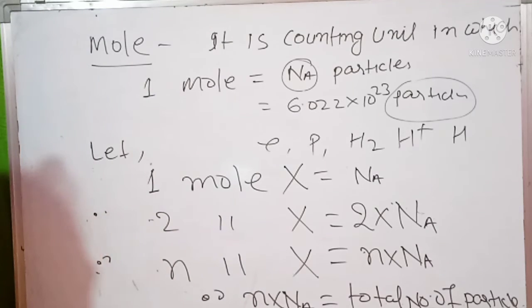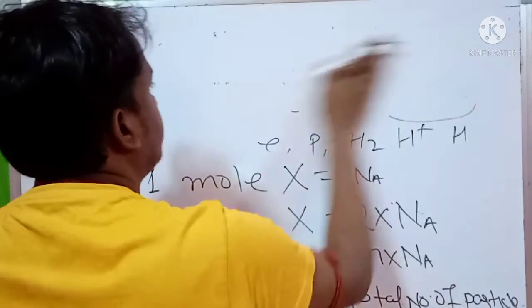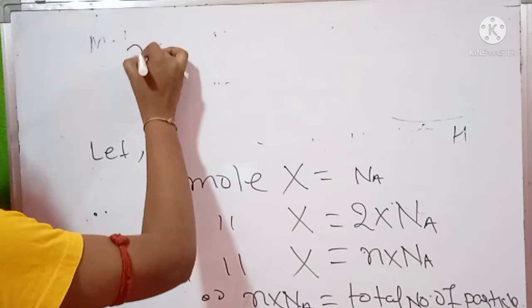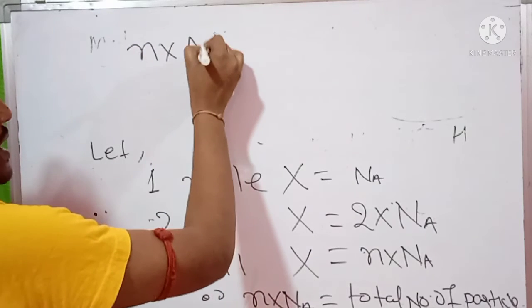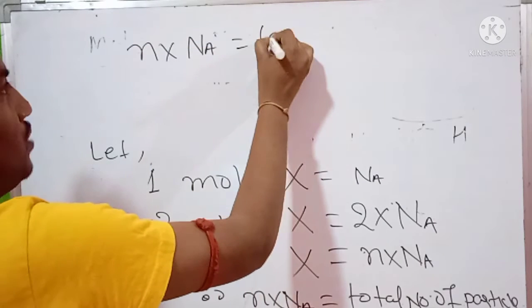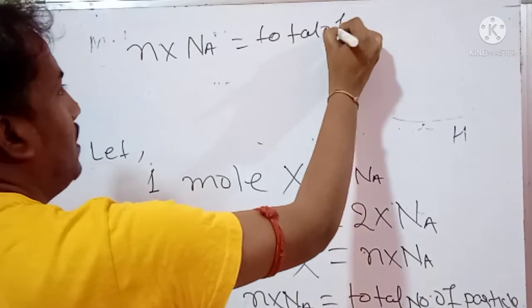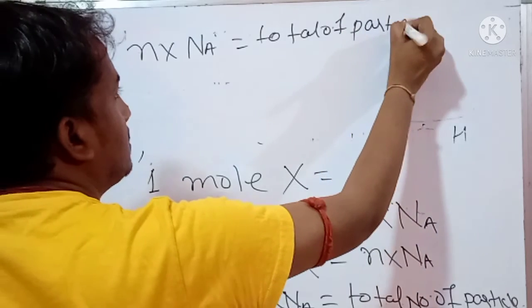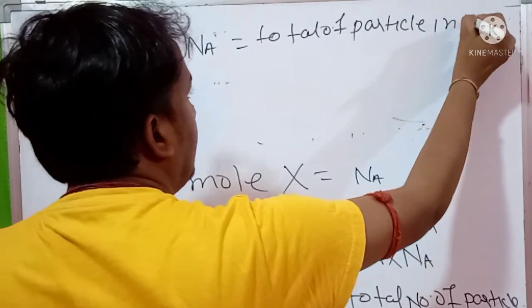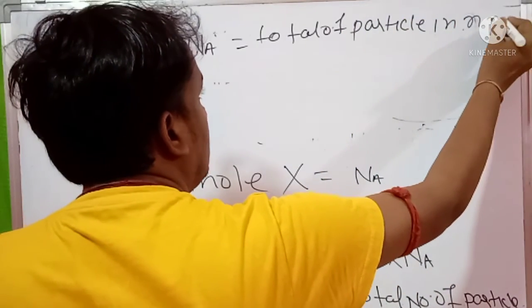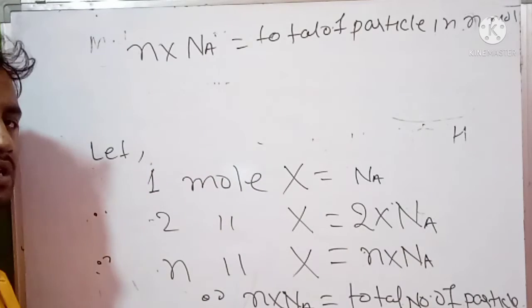By the unitary method, n into Na is equal to the total number of particles in n moles.